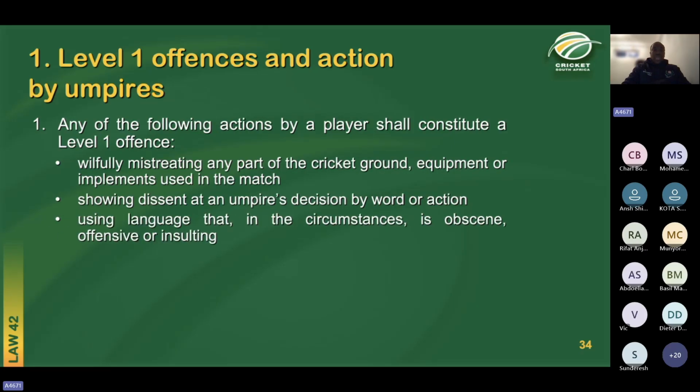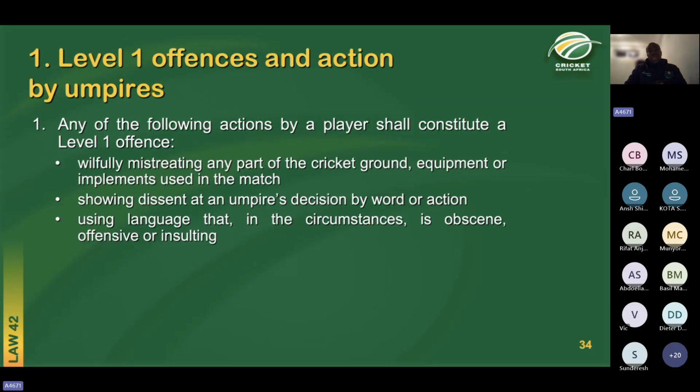If players use language that in circumstances is obscene, offensive, or insulting, that is also a level 1 offense. And just in practice, we do allow players to vent their frustrations and to swear under their breath. It is an emotional game. Sometimes the heat of the moment does get the better of players.